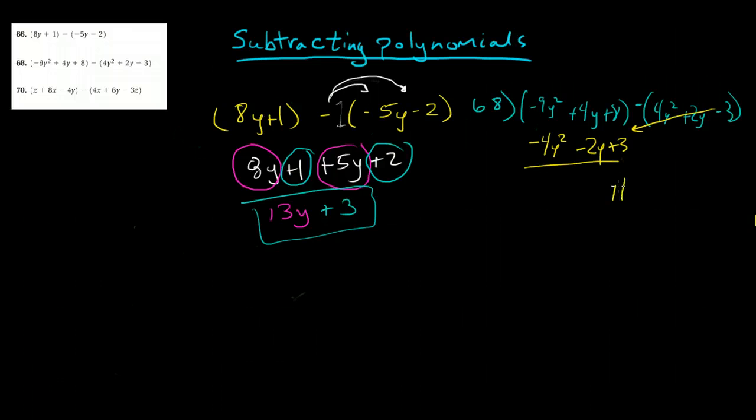8 plus 3 is 11. 4 minus 2 is positive 2. Oh, that's a positive 11. Let's give myself some room here. That's a positive 11. 4 minus 2 is a positive 2y, and negative 9 minus 4, that's even more negative. That'll be a negative 13y squared, and then that's my answer there.